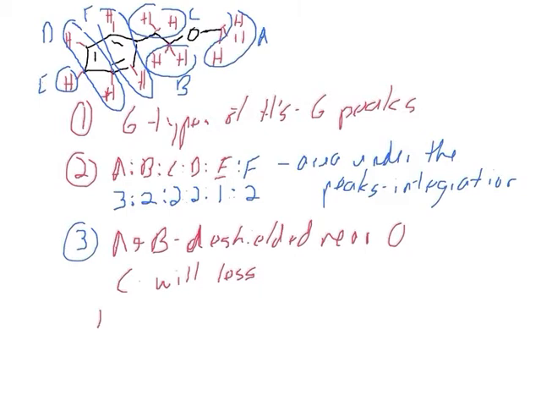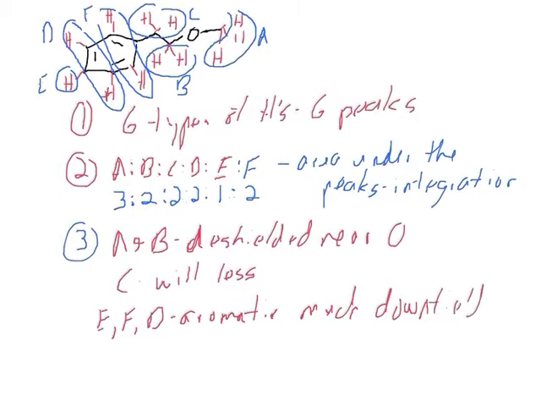Now for E, F, and D, those are aromatic, so they're actually much farther downfield than normal, around 7 ppm. These would be around 3 or 4. And then this one, since it's benzylic, would be around 2 ppm.